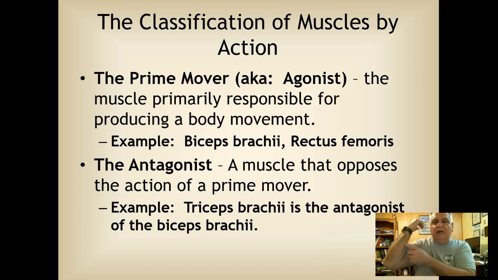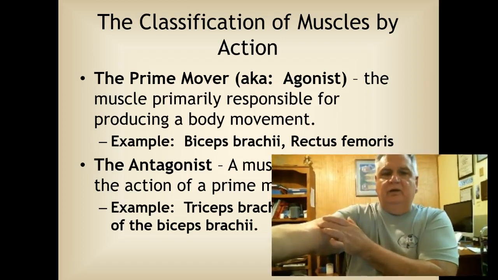On the other hand, once the elbow joint's flexed, how do we get it to extend back out again? Well, either gravity or a muscle on the opposite side of the joint has to contract, in this case, the triceps brachii. So when the triceps brachii contracts, it's going to extend the elbow joint.